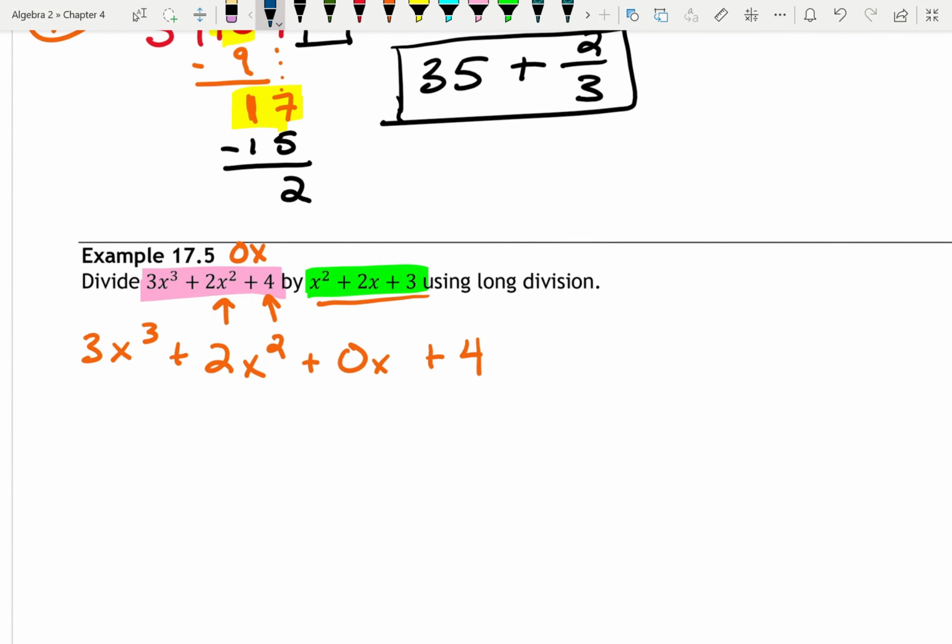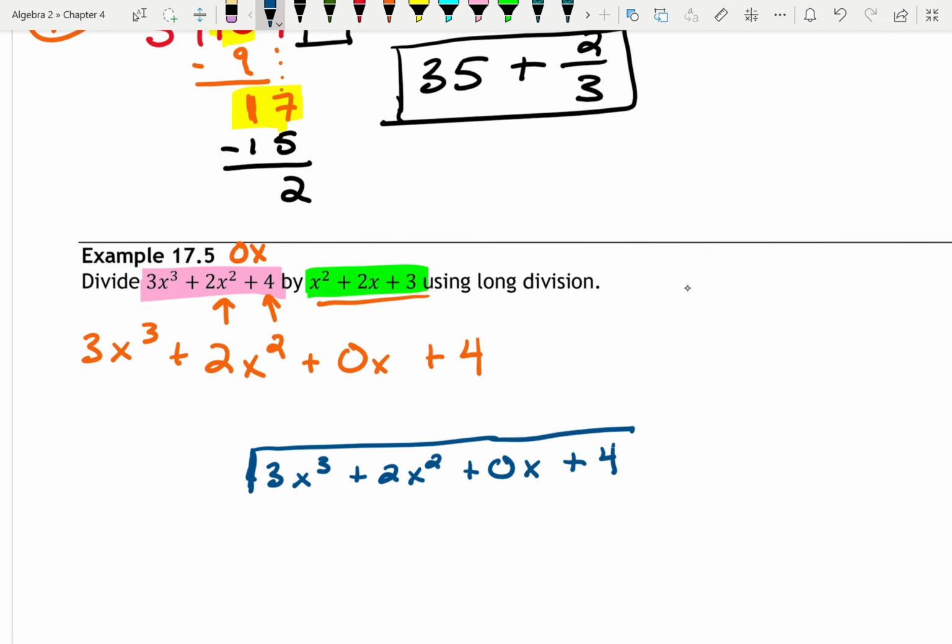So now we can build our little division hut thing. I'm sure there's a fancy name for it. We're going to have 3x cubed plus 2x squared plus 0x plus 4. And then over here we're going to have x squared plus 2x plus 3.